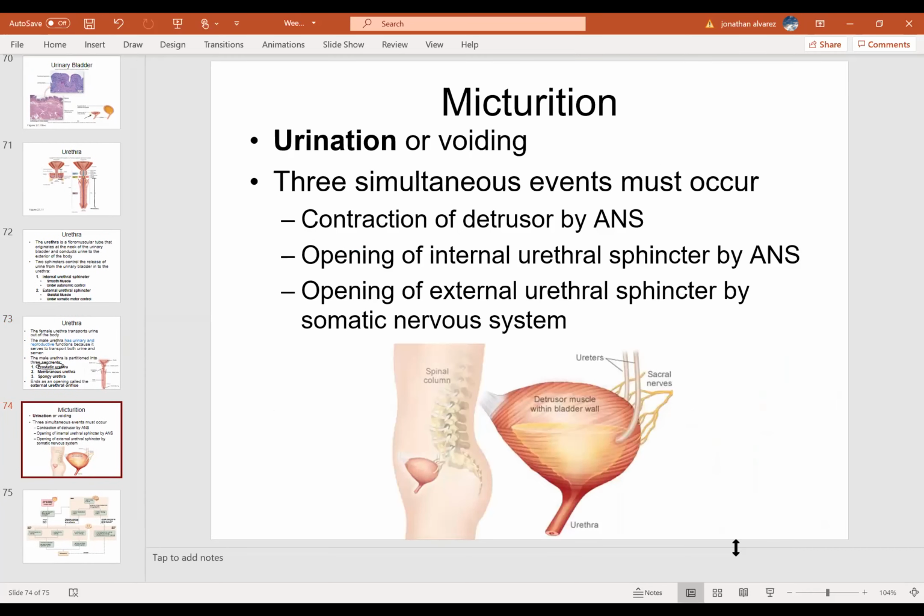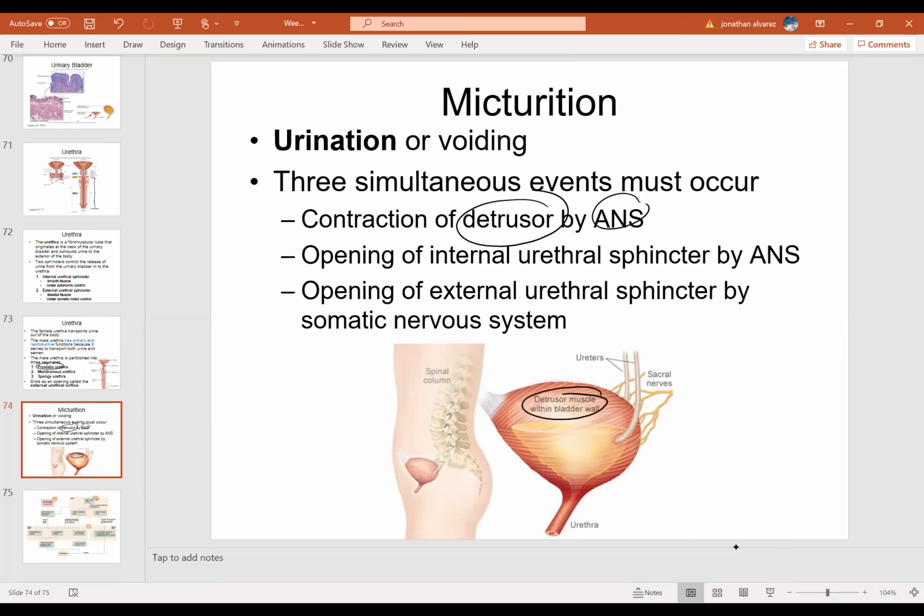Okay, micturition, the fancy term for urination or voiding. The autonomic nervous system is involved, contracting the detrusor muscle, which is smooth muscle. So there's the muscle within the bladder wall.